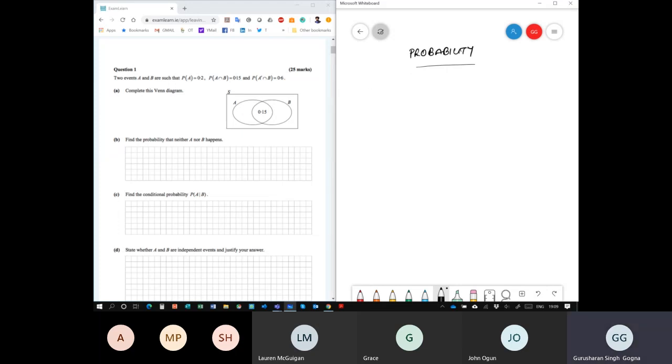So in probability, last time we discussed the outcomes, let's say for coins, dice, and cards, and then we also covered the multiplication rule and the addition rule.